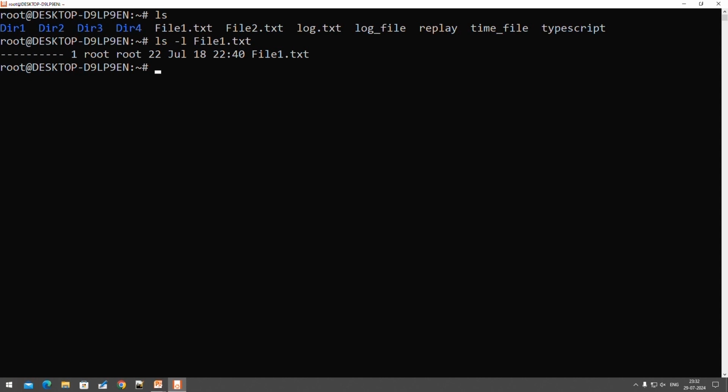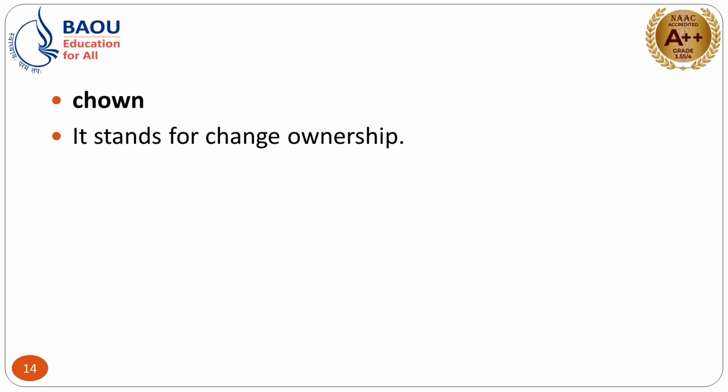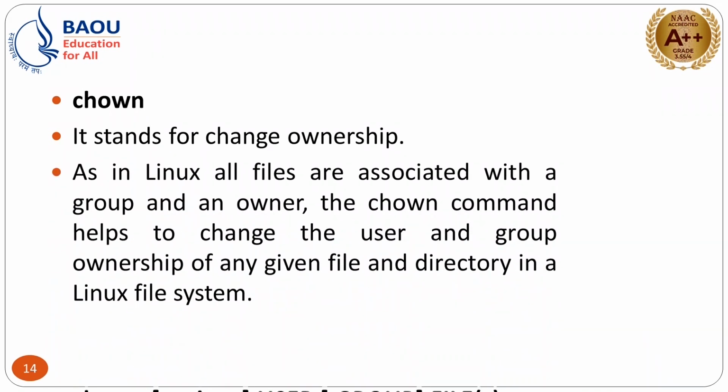Here both owner and group have the same name, but suppose some other users are there, so the username is different and that user belongs to a particular group, then the group name may also change. Now chown, that is change owner, stands for change the ownership. The only thing is that you have to be logged in as the root user, having all the permissions, and only then can you change the owner of a particular file or directory.